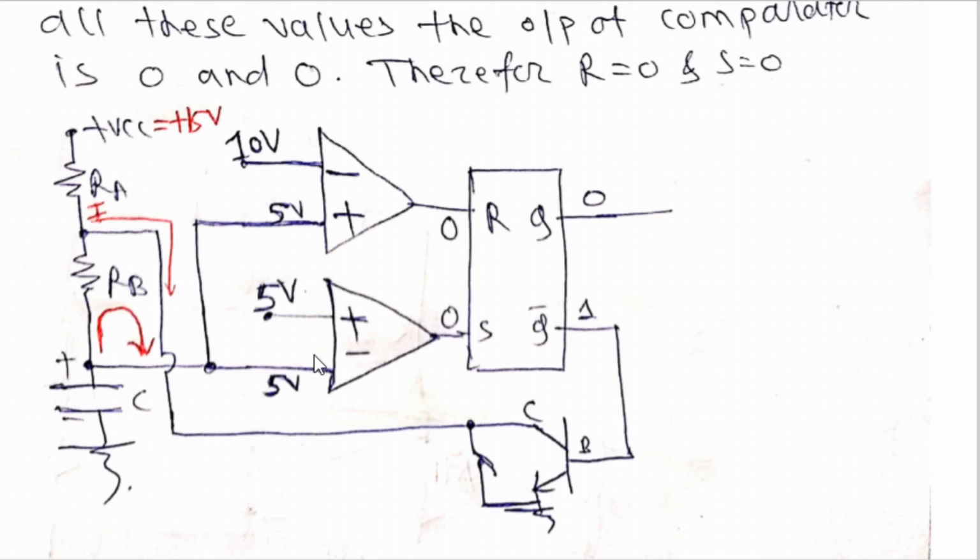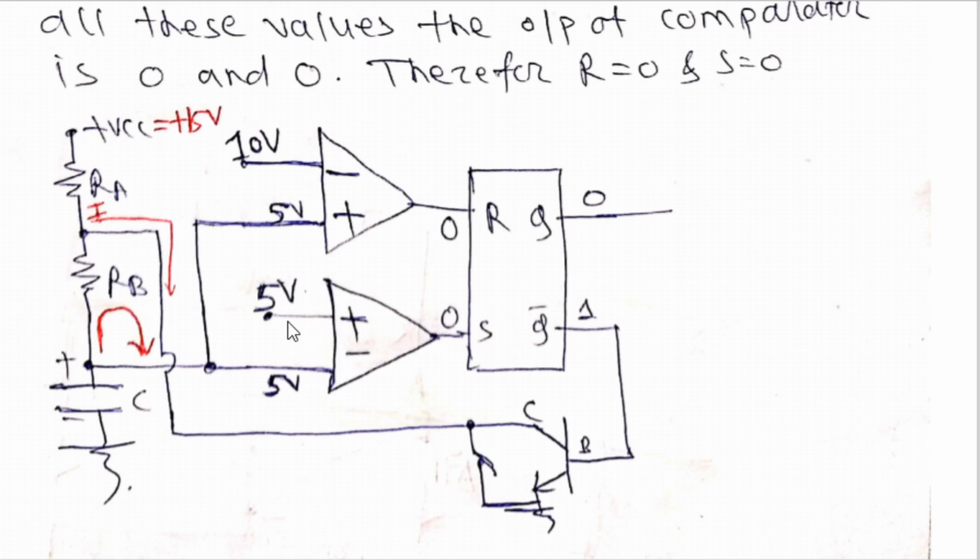The output of the lower comparator, no doubt it will be 0, and logic 0 will continue to remain. So from what value to what value does the capacitor get discharged? The capacitor started discharging from 2/3 of VCC and is going down to 1/3 of VCC. So 1/3 of VCC is 5 volt. So now at this condition, when both inputs are the same, the output is again 0.